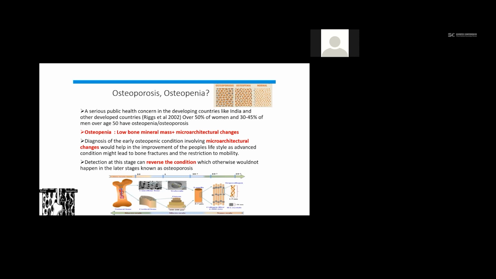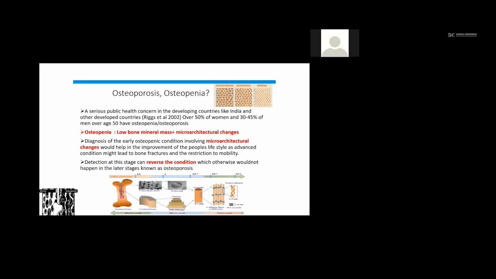Because at times, as we have seen in the literature, clinicians won't be able to detect the osteopenic condition, because the bone mineral density will remain the same if you do DEXA. That's a very sophisticated technique for the measurement of bone density, and clinicians generally go for it, a technique which has been used previously for detecting bone mineral density.